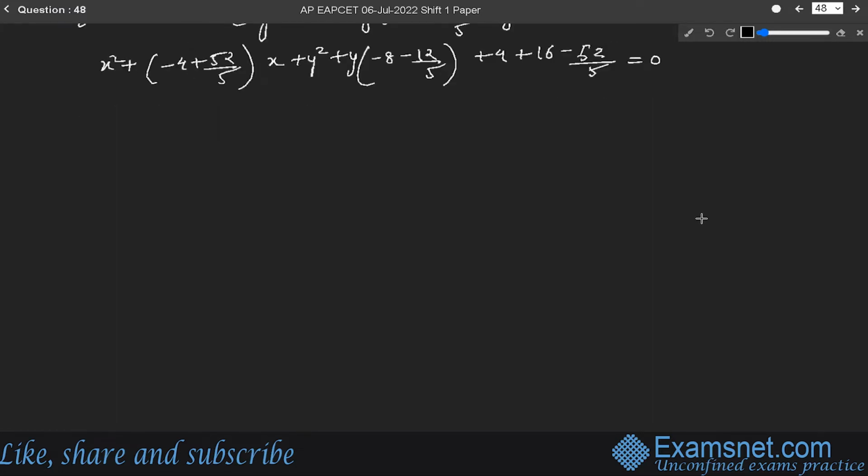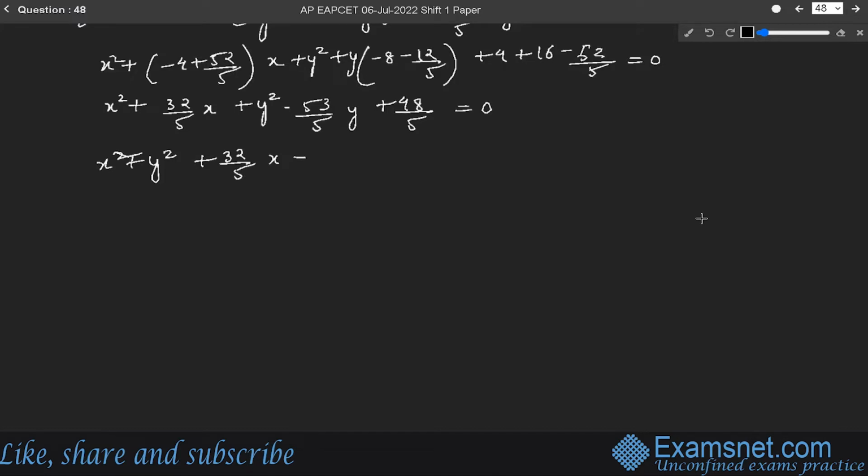On further simplification, it will be equal to x square plus 32 upon 5x plus y square minus 53 upon 5y plus 48 upon 5 is equal to 0. So it becomes x square plus y square plus 32 by 5x minus 53 by 5y plus 48 by 5 is equal to 0.